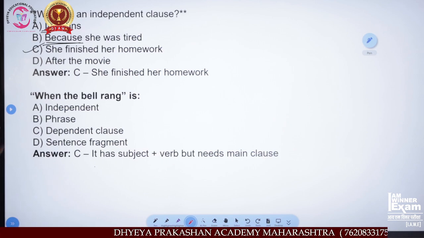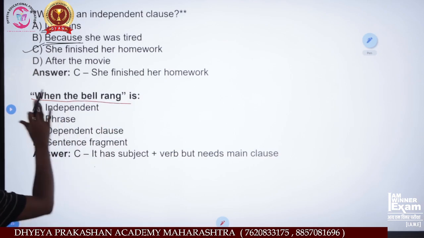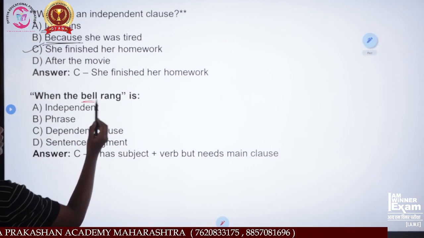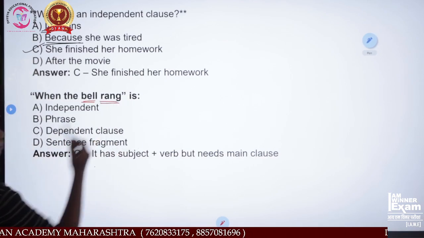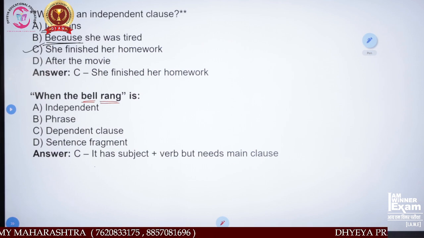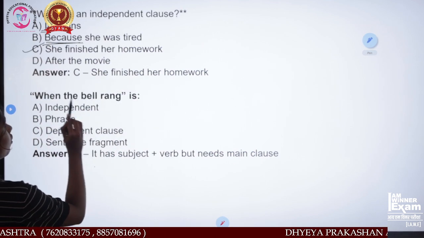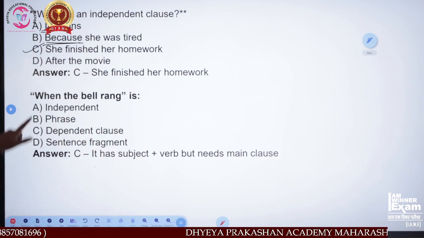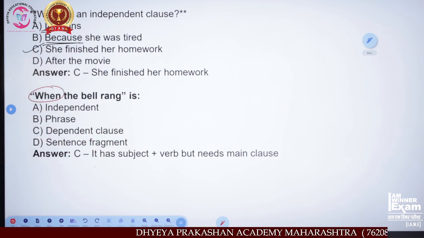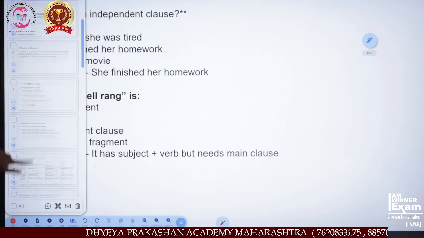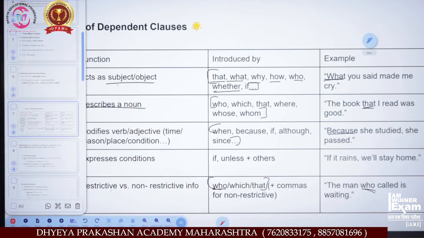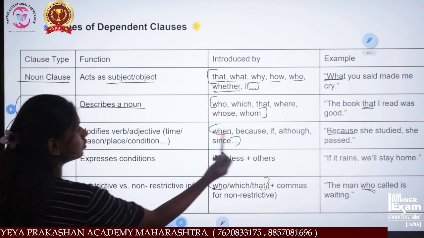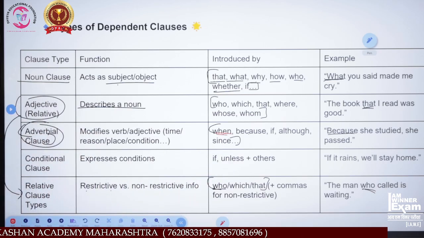Then next, when the bell rang. Now here, bell is a subject and rang is a verb. Now when we use "when", let's check. "When" is an adverbial clause.